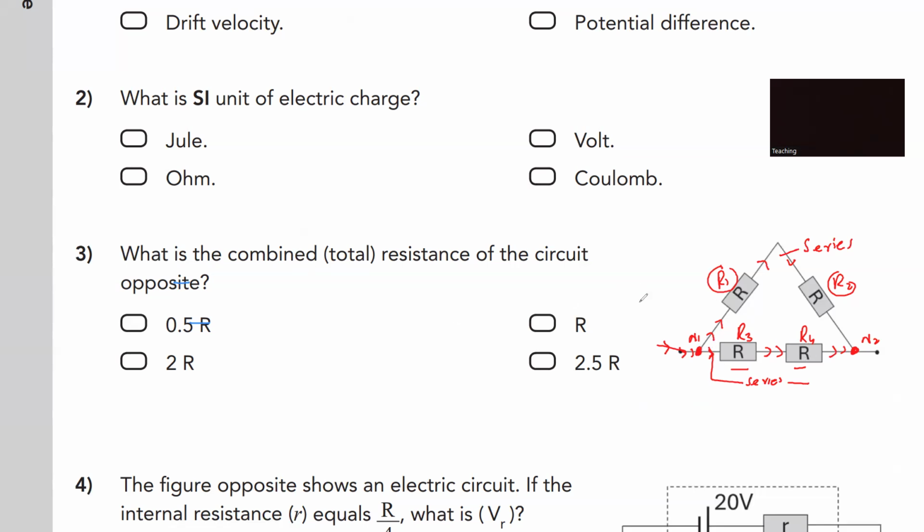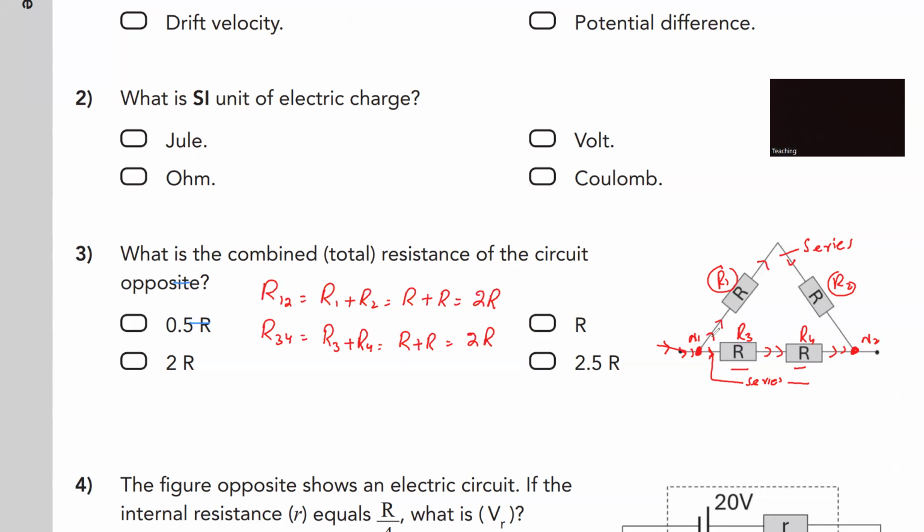The first important thing, we have to find R1 and R2. The total resistance R12 is R1 plus R2, which is equal to R plus R, which is 2R. Now for R3 and R4, R34 is equal to R3 plus R4, which is R plus R, also equal to 2R.